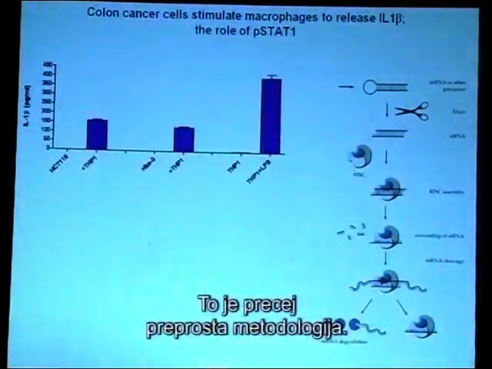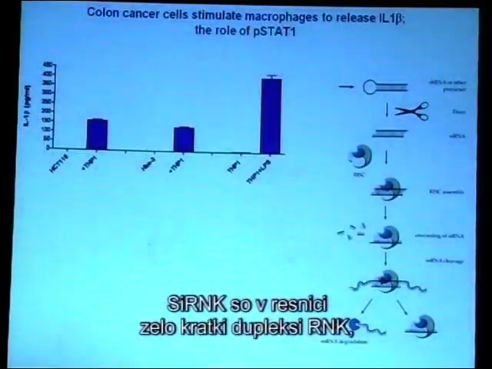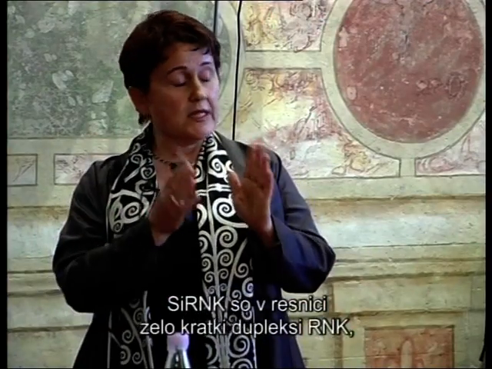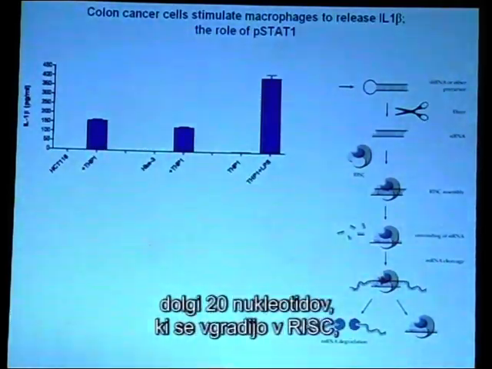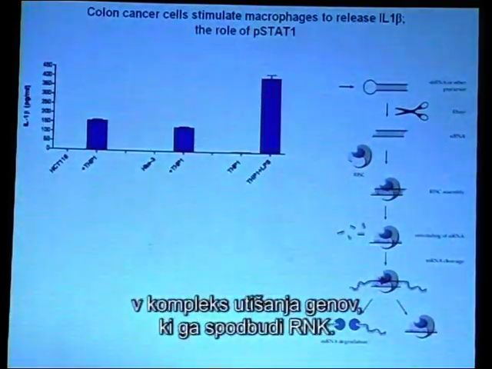It's a rather simple methodology. Small interfering RNAs are very short, 20 nucleotide long duplexes of RNA that get incorporated into RISC. RISC stands for RNA-induced silencing complex.